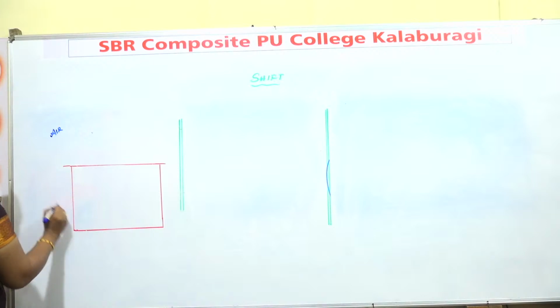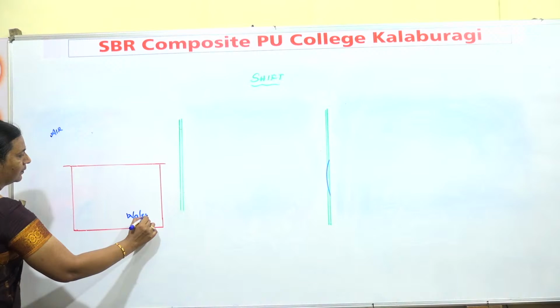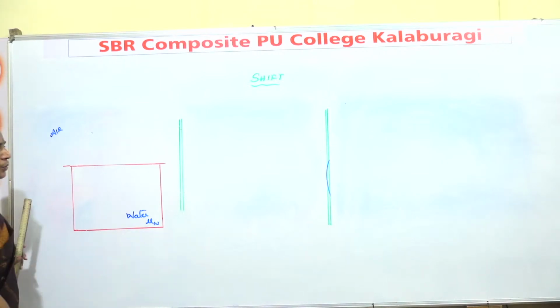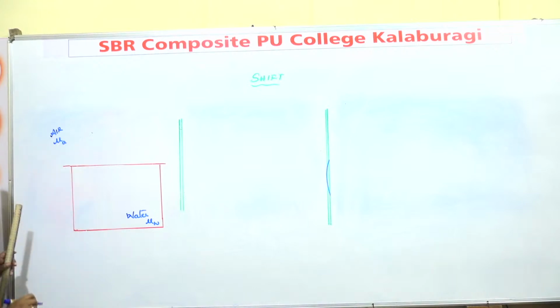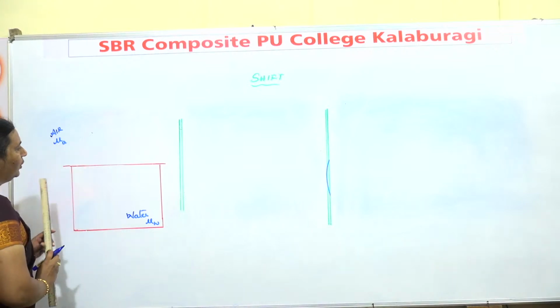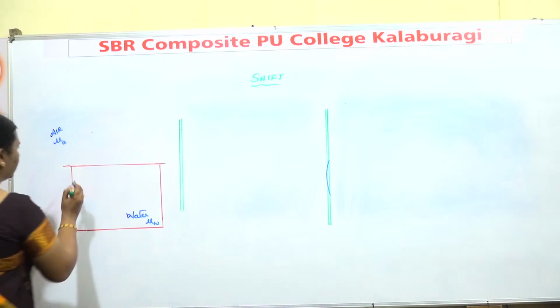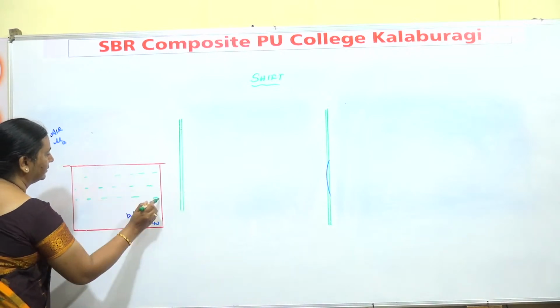So water is of refractive index, let me take it as mu w. So this will be called as mu of air. Okay. Now if I take any one source of light inside this water medium, so imagine that you are having actually water medium.